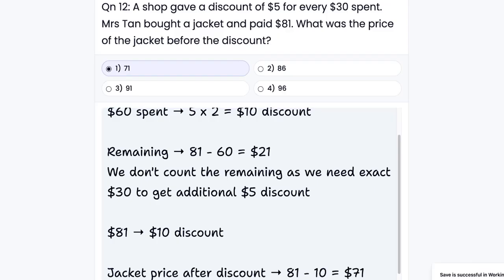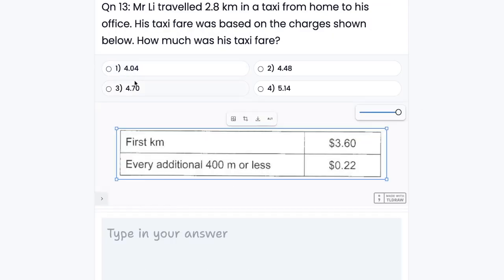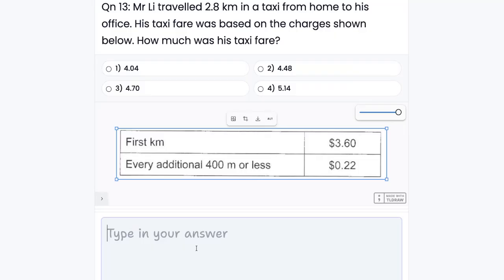All right, let's move on to the next question. Question 13. Mr. Lee traveled 2.8 kilometers in a taxi from home to his office. His taxi fare was based on the charges shown below. How much was his taxi fare? Okay, so we know the first kilometer is equal to $3.60.